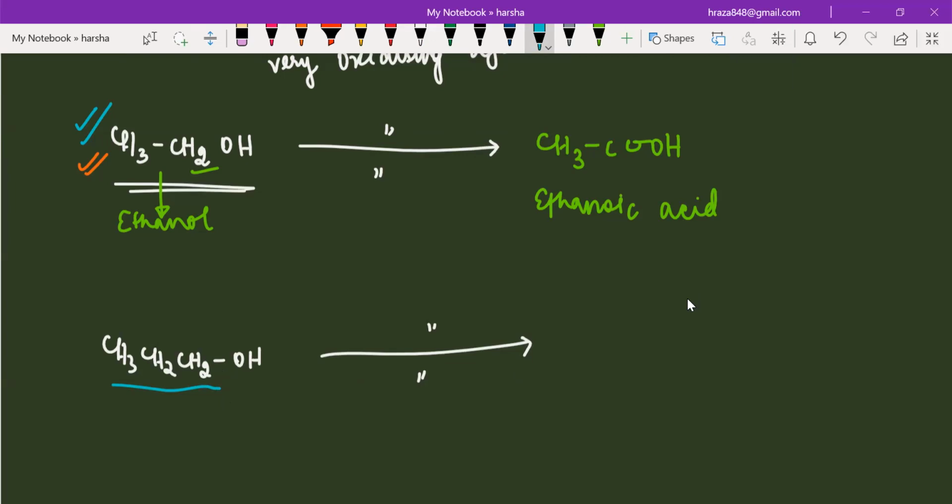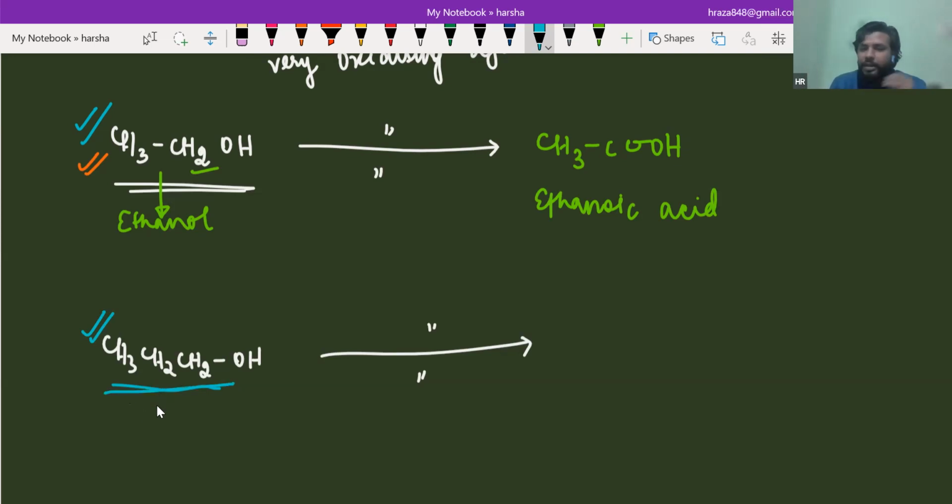Propanoic acid. That's good. Martin, Arshia, and Hamna, please concentrate here. If you are going to use a strong oxidizing agent, an alcohol will be directly converted into carboxylic acid. As you can see, we have 3 carbon here. That means prop, and all are singly bonded.